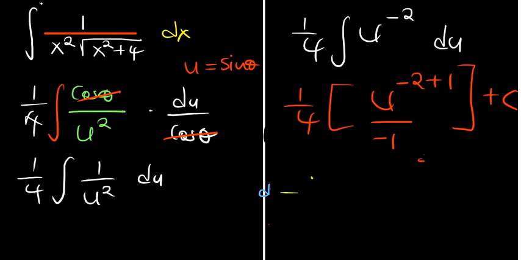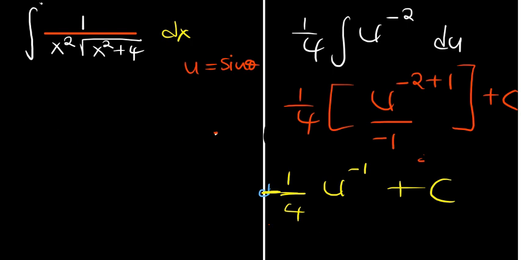We're going to have 1 over 4 maintained, and for our u, negative 2 plus 1 is just going to be a negative 1 power, divided by a negative, we'll have negative 1 over 4 now, plus a constant c. We can still make it better. We can have negative 1 over 4, and then u can go to the bottom and become positive, so negative 1 over 4u in a better form, plus c.